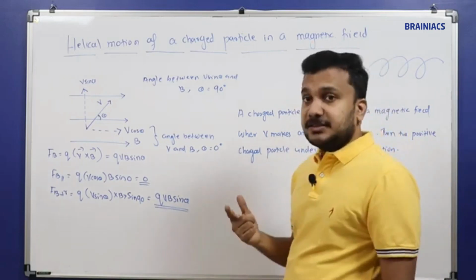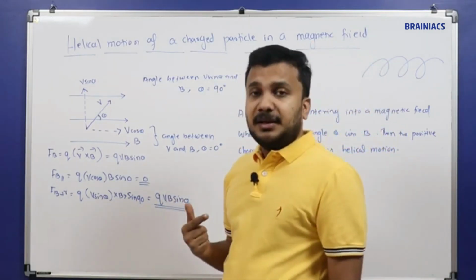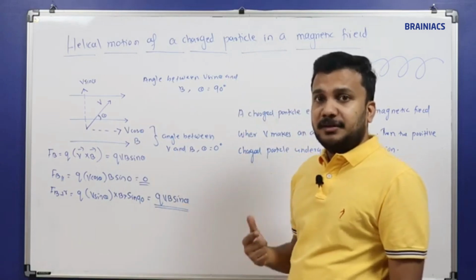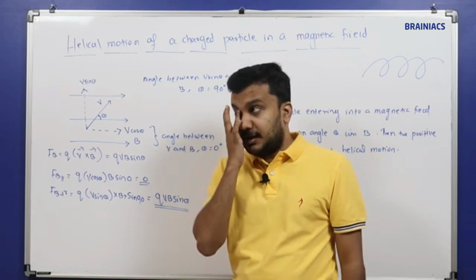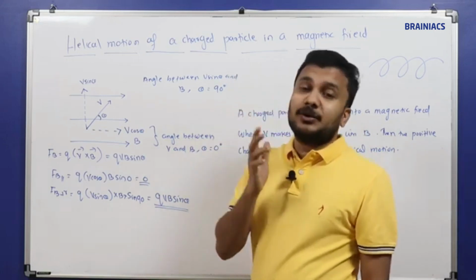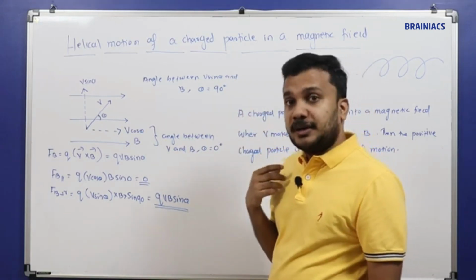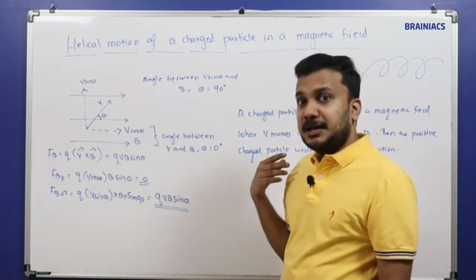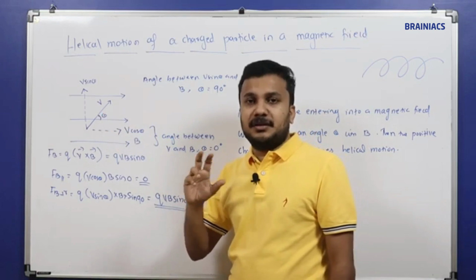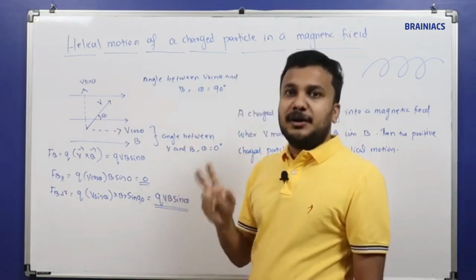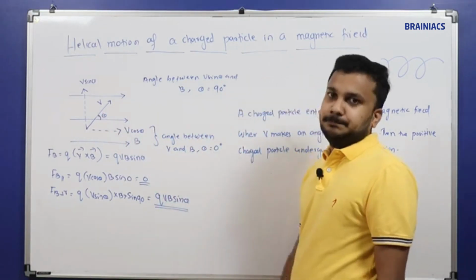So in the last session we have seen, when a charged particle enters a perpendicular magnetic field, it will undergo what type of motion? Circular motion. If it is not entering perpendicular, if it is entering with an angle theta, and theta is not 90 degrees, then it will undergo helical motion.